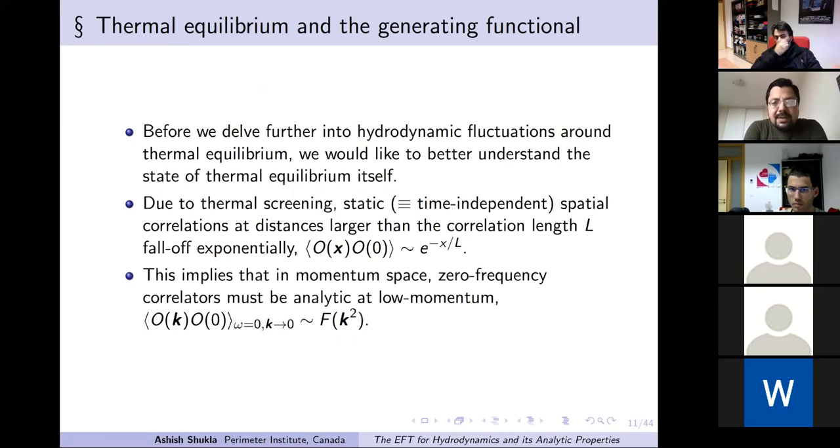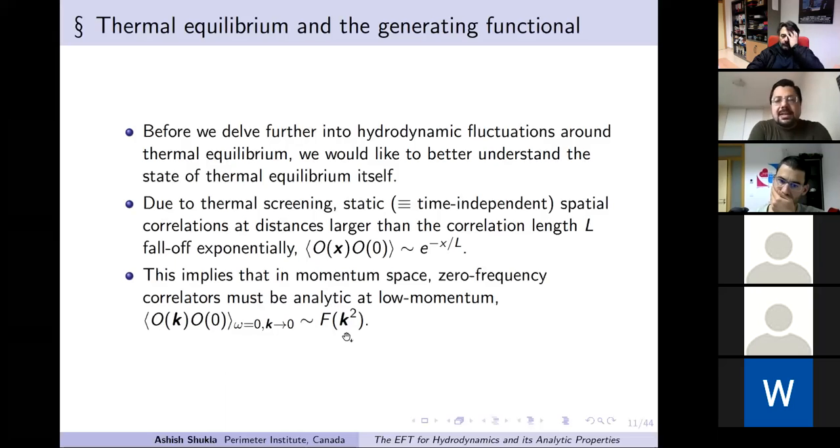Now, I can Fourier transform this expression from position space to momentum space. The fact that these correlation functions fall off exponentially at distances larger than the correlation length translates to the fact that if I look at the zero frequency correlation of O at k with O at 0, in the limit k goes to 0, so small momentum limit, which is large wavelengths, long distances, and this is exactly what you want to probe in hydrodynamics, then my correlation functions are functions of k².